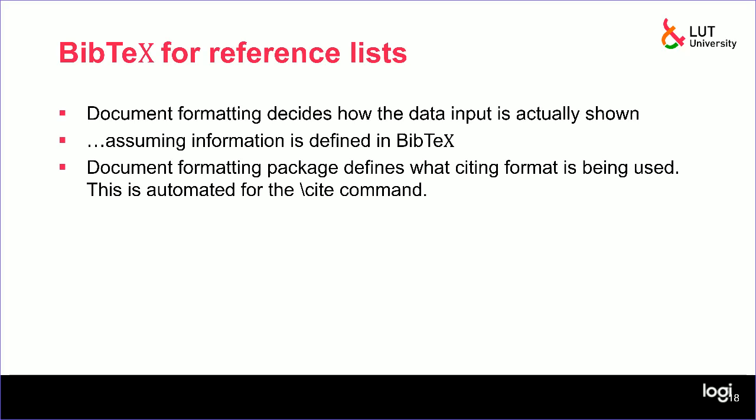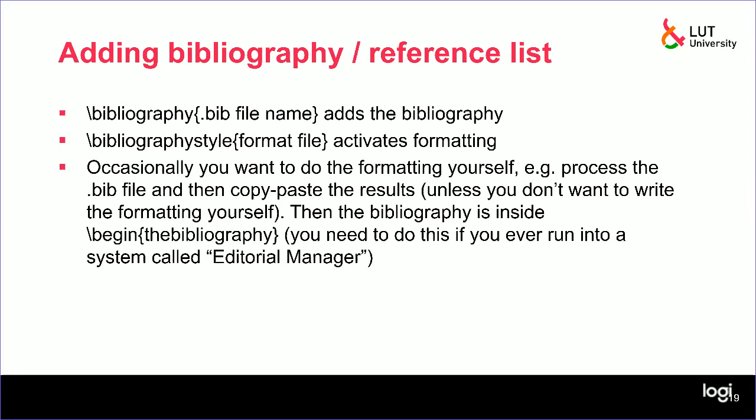And citing is \cite and the identifier given there in the .bib file, and that's it. So you add the \bibliography command, which tells the .bib file name, bibliography style, format file, and then the rest should be automatic.